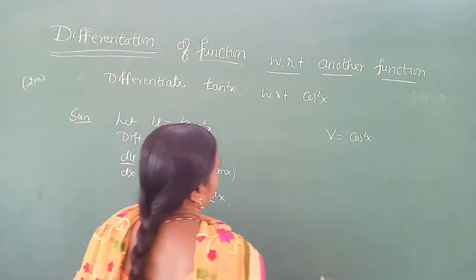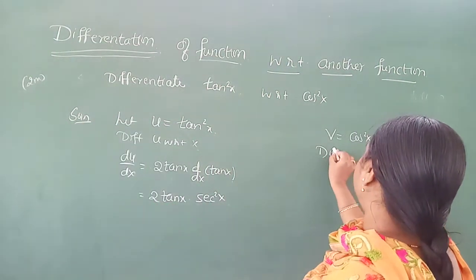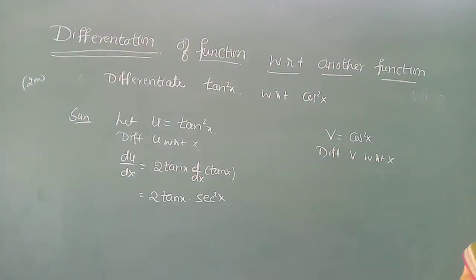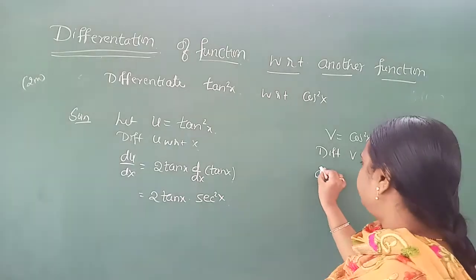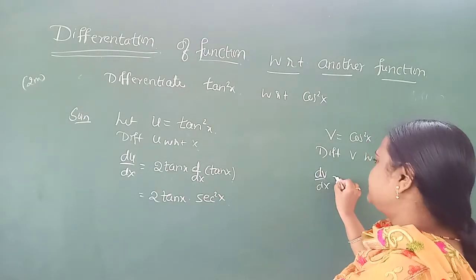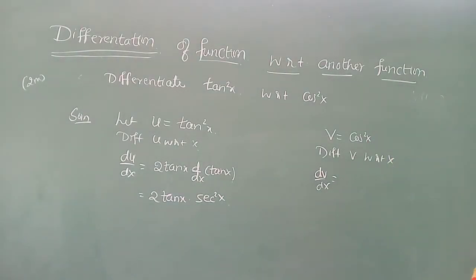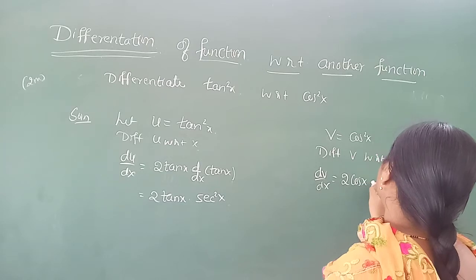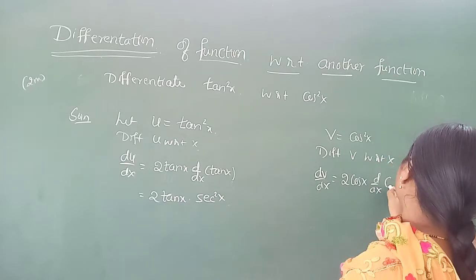Okay, next. Differentiate v with respect to x. dv by dx. Again it is similar, function of function, x square. Here x is cos x. X square differentiation is 2x, which we write as 2 cos x into d by dx of cos x.